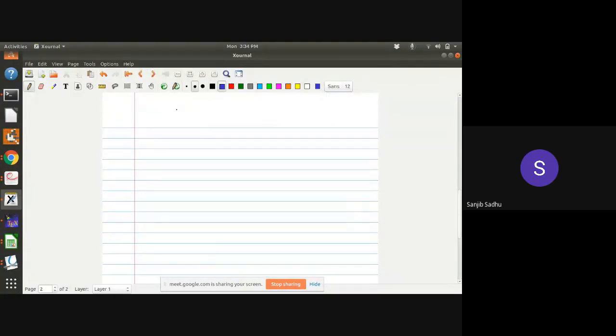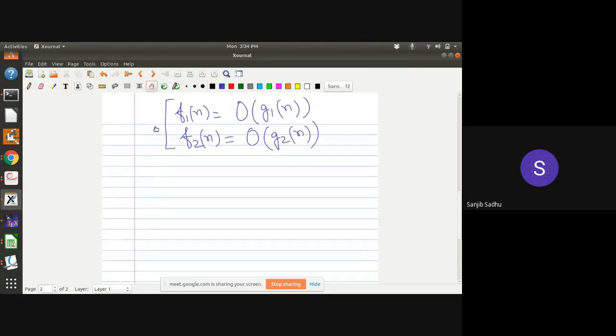That means if f1(n) is big O of g1(n) and f2(n) is big O of g2(n), then f1(n) plus f2(n) will be big O of max of g1(n), g2(n).